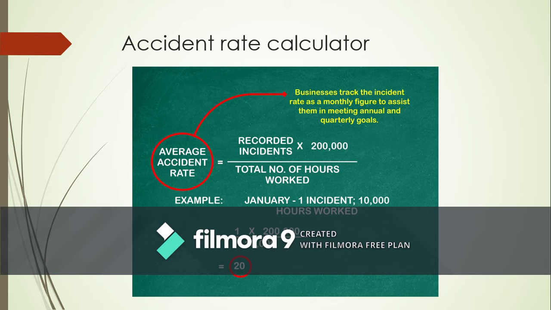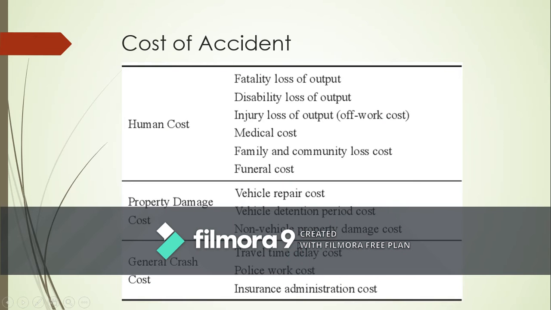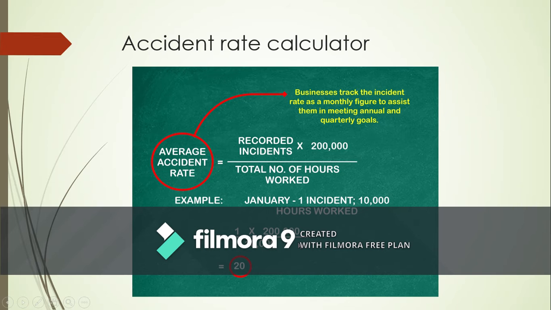Usually 2 lakh is the number taken when it is assumed that there are 100 employees working in an organization. So here, if there is one incident and 10,000 work hours, then the average accident rate is 20. So this is how accident rate is calculated.